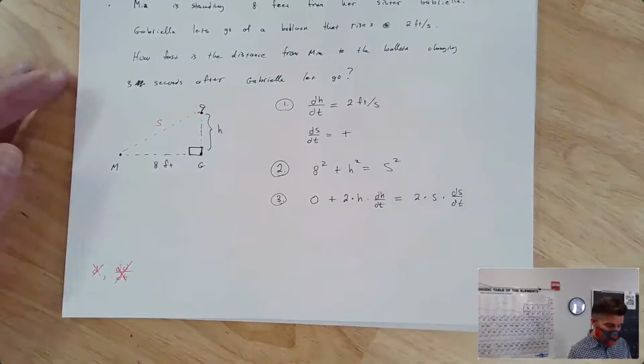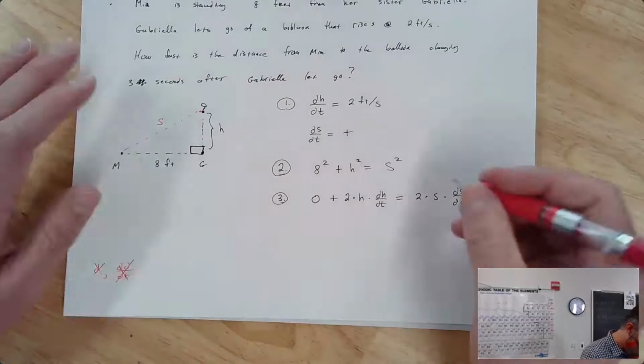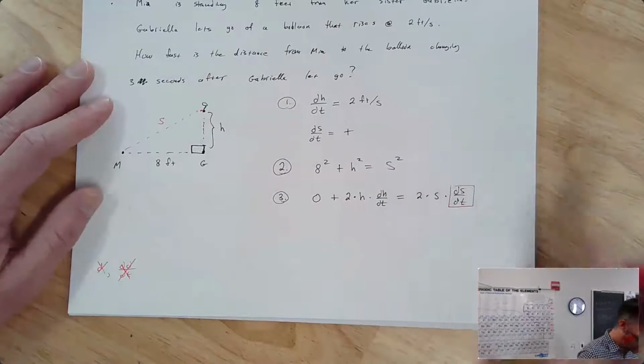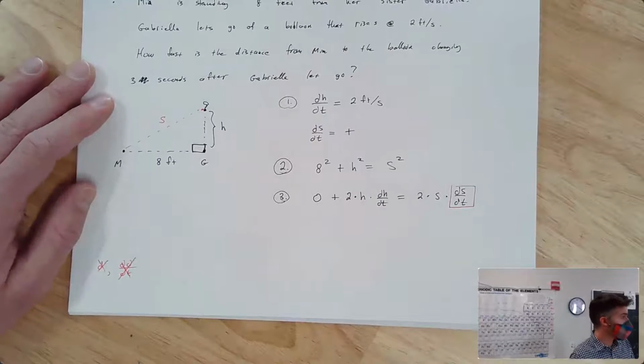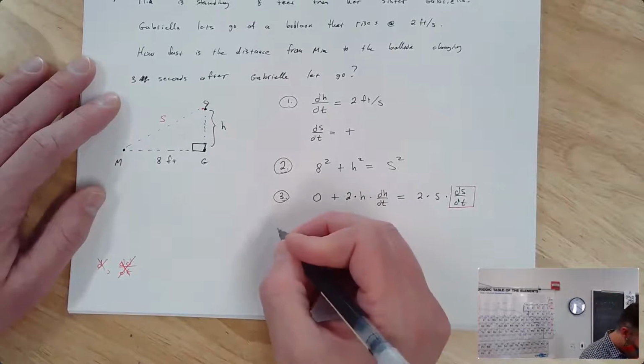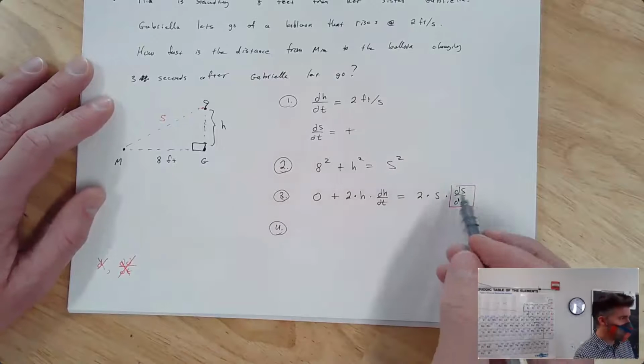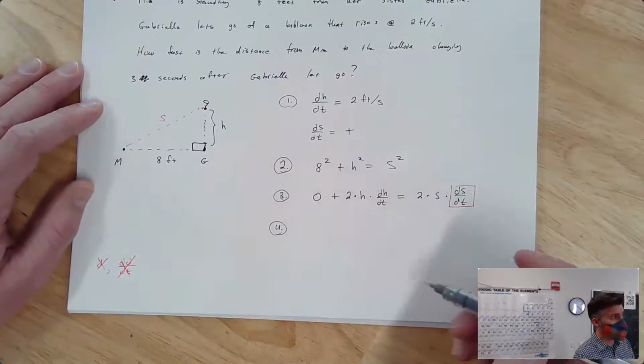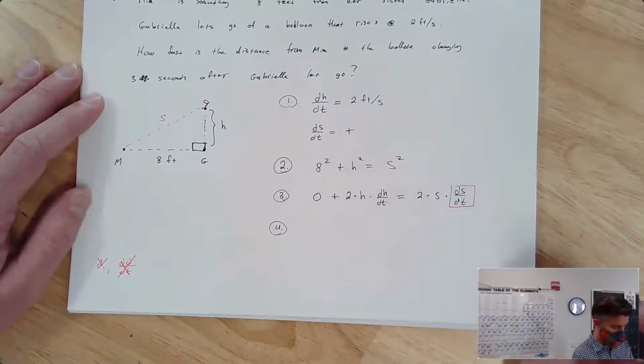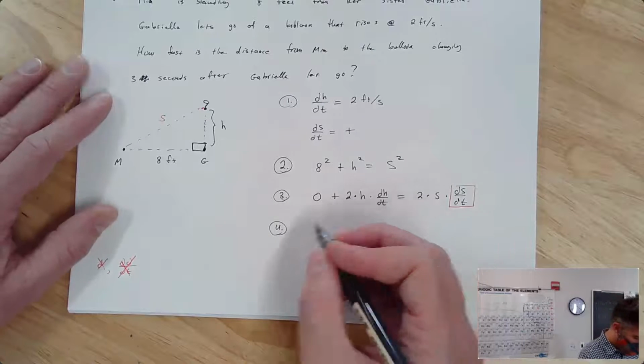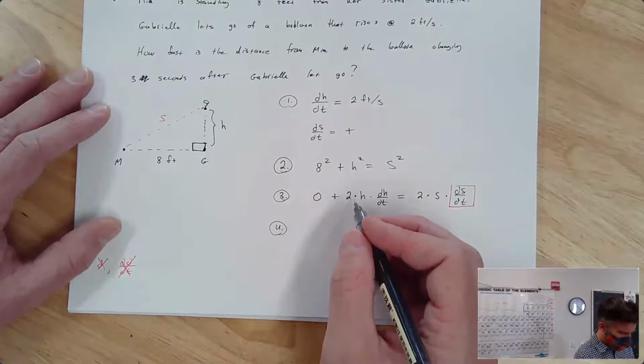And now we're trying to figure out what this is. So we should be able to substitute in for everything else. That's generally the gist: once you identify what you're trying to solve for, everything else should be a known quantity. So when I plug in, do I know what the height is?